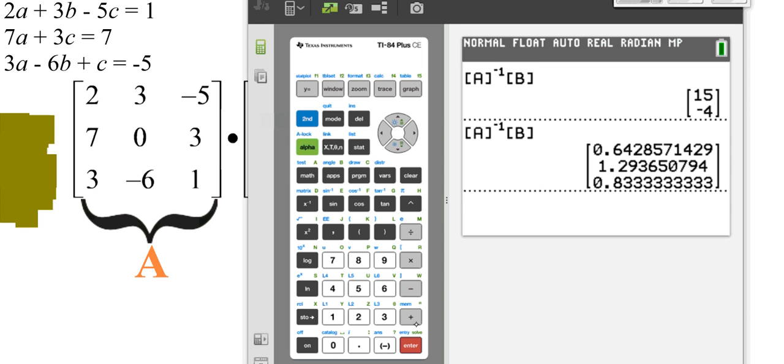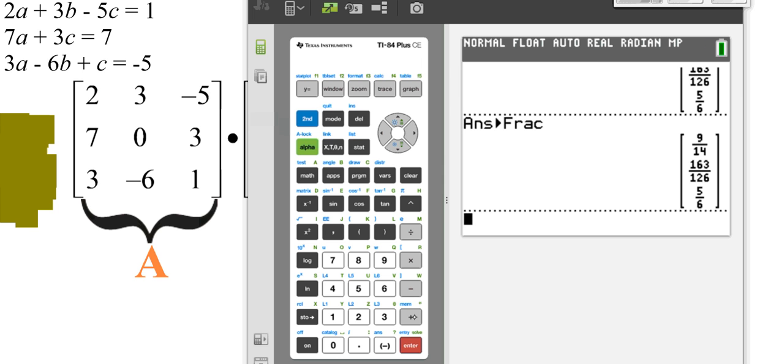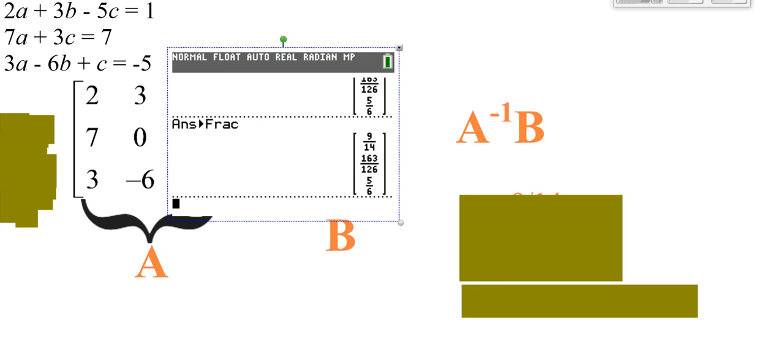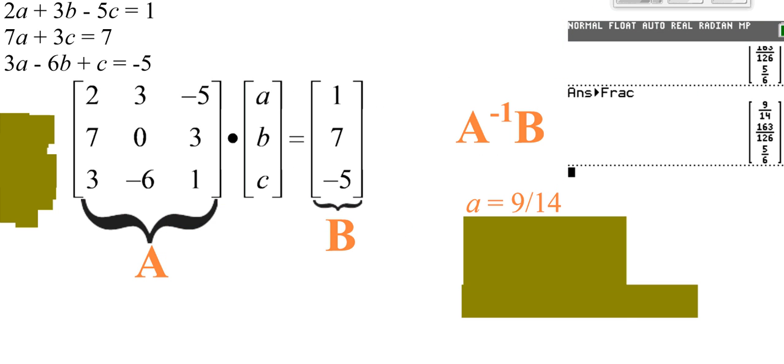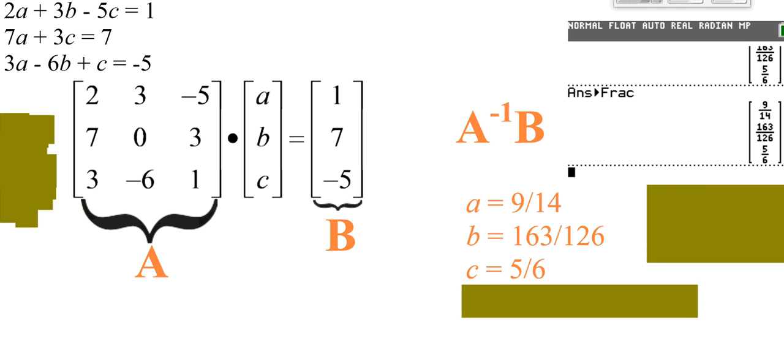There it is. Oh, those are some ugly looking numbers. But if I hit math, enter, enter, it turned it into fractions. So then I can go ahead and write these down. Here's my A, there's my B, there's my C. Once again, if you're not dealing with x, y, they're alphabetical.